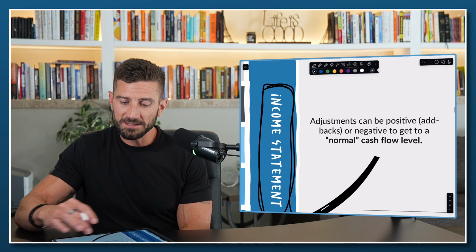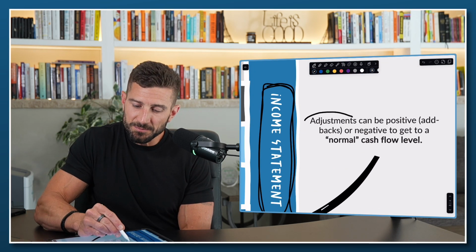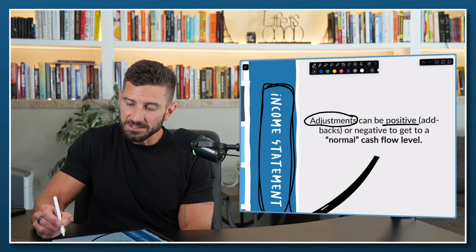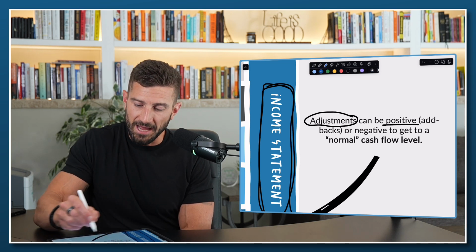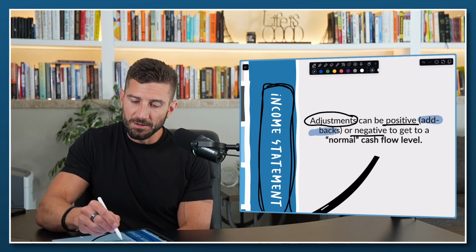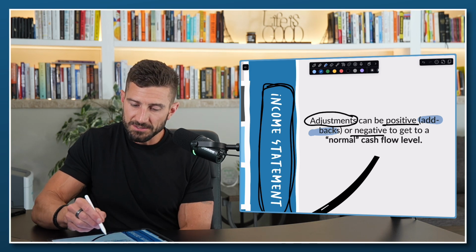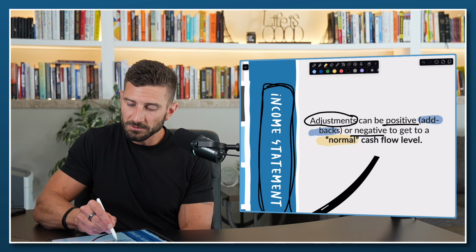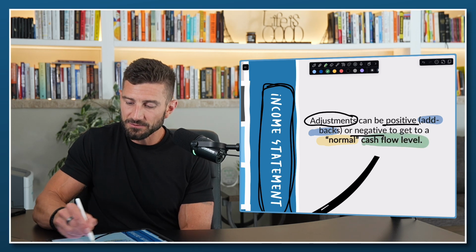So what is that? These are adjustments that can be positive, which are often referred to as add backs, or they can be negative. And the goal is to get to this normal level of cash flow.